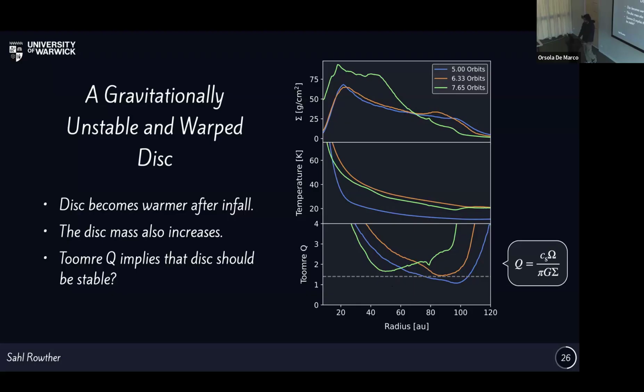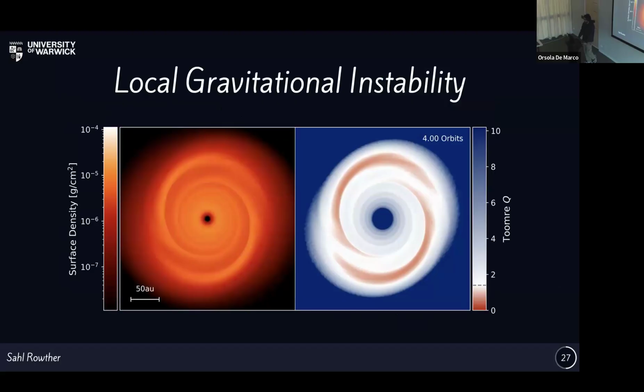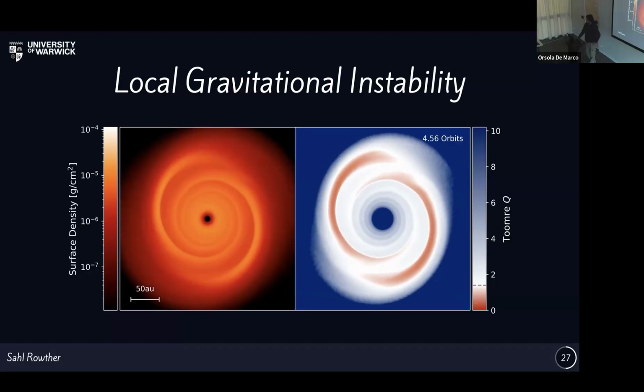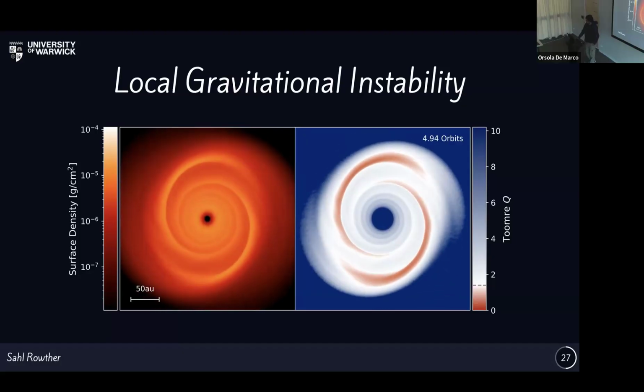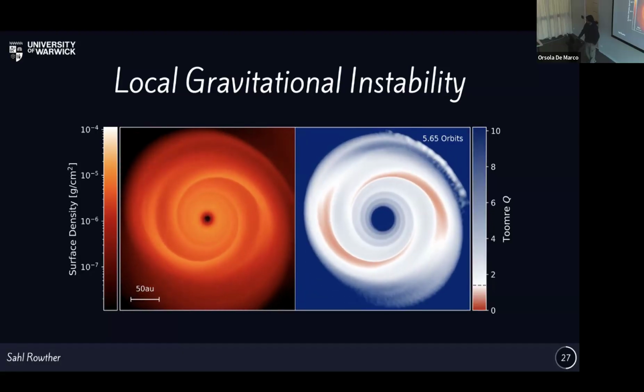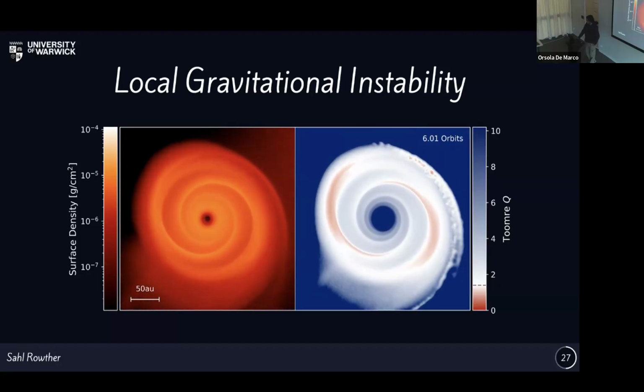So to explain why the disk is unstable, we look at the two-dimensional Toomre Q to understand how gravitational instability is changing on a local scale. And the regions in red is where the disk is unstable. So you can see in this video, before infall, the spirals are symmetric and green.